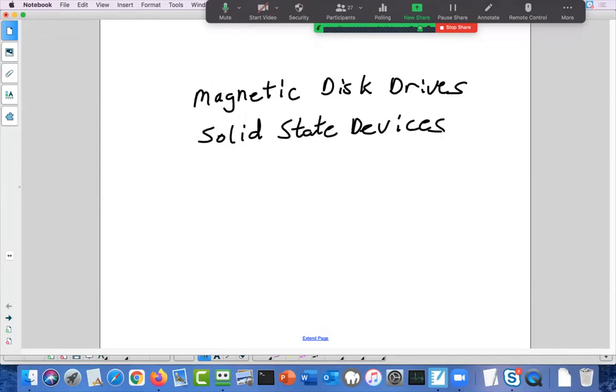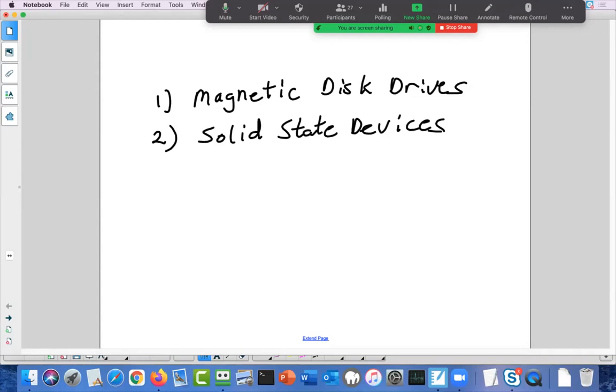Okay, so basically there's two ways we store databases these days. One is on magnetic disk drives, which are being phased out in favor of solid state devices, which are faster, but for the foreseeable future, both will be being used.